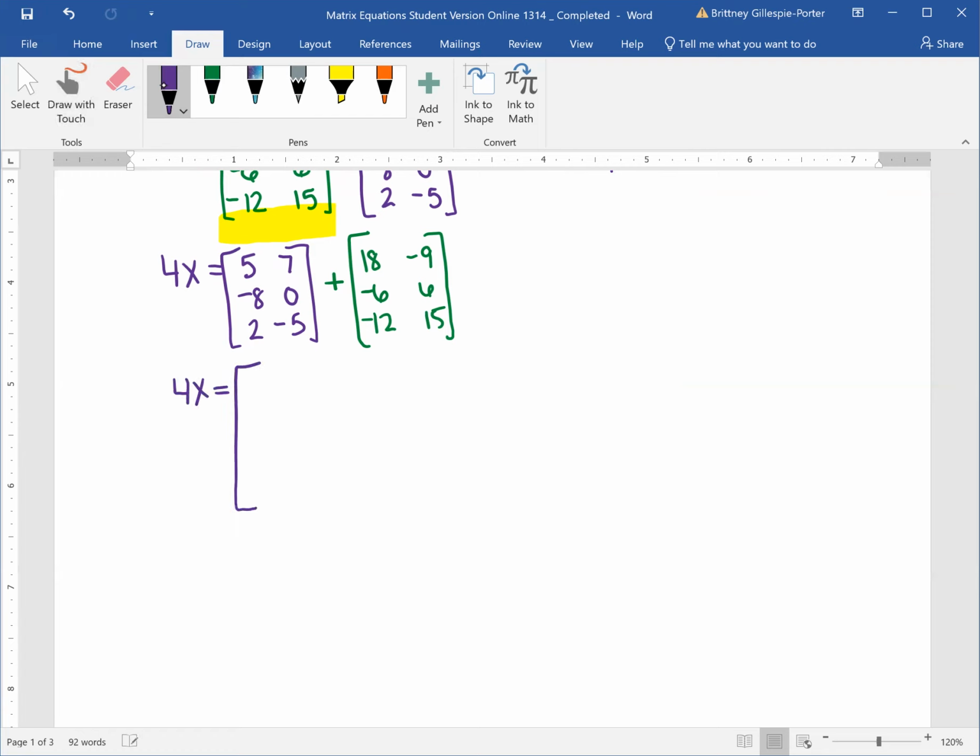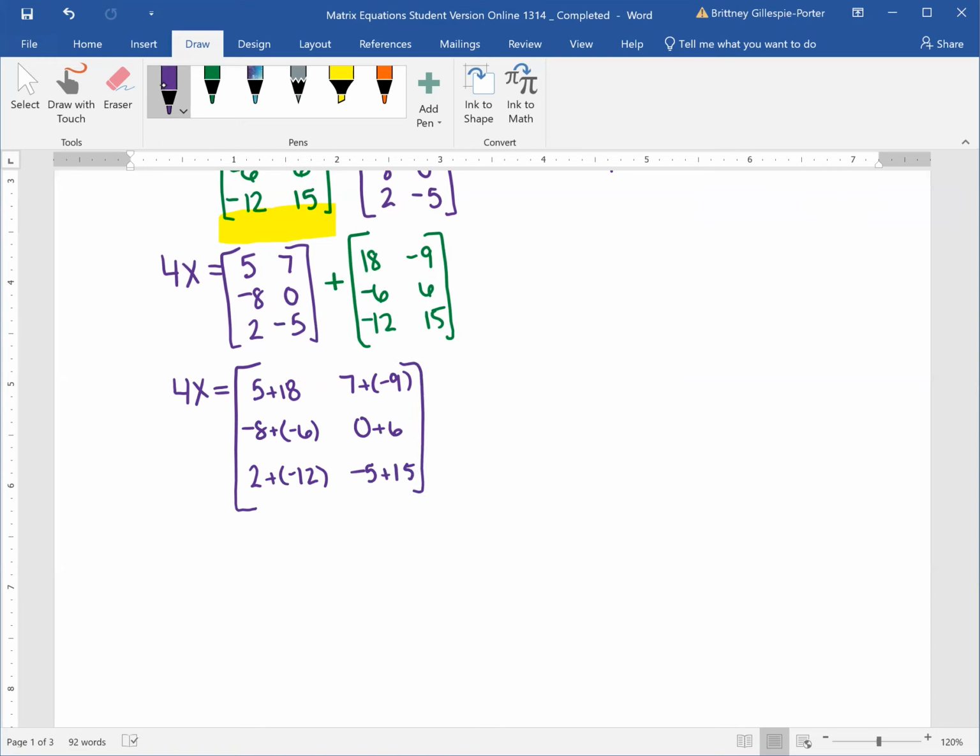So just as a reminder, this means that you'd have 5 plus 18 in the top left, 7 plus -9 in the top right, -8 plus -6, second row, first column, 0 plus 6, bottom left will be 2 plus -12, and then -5 plus 15 in the bottom right.